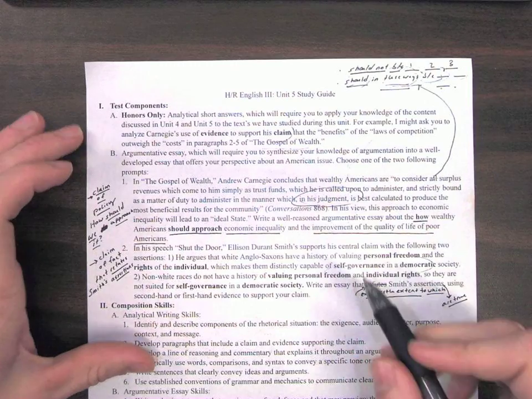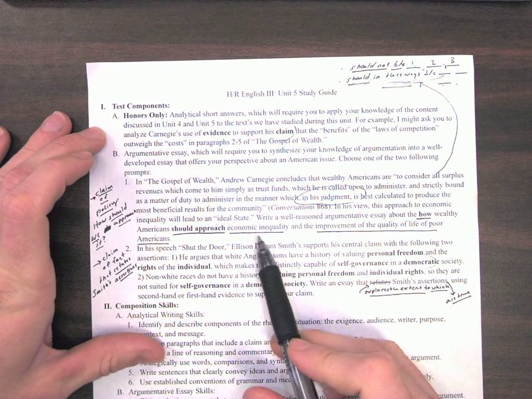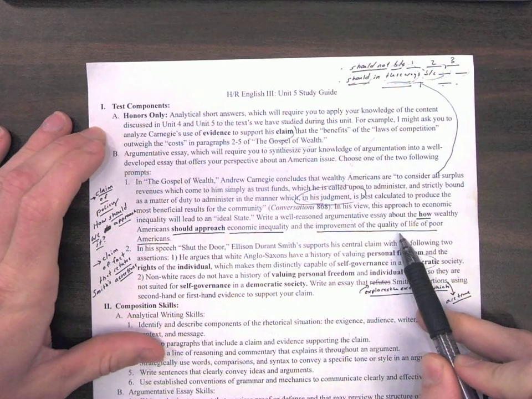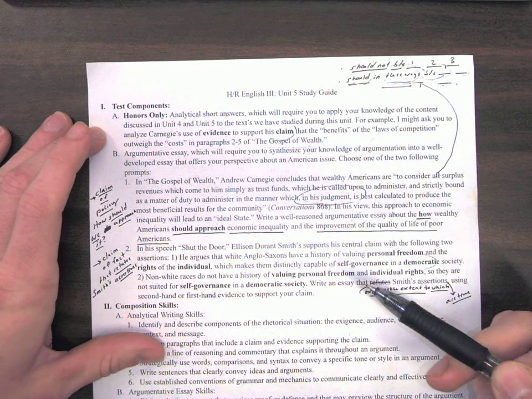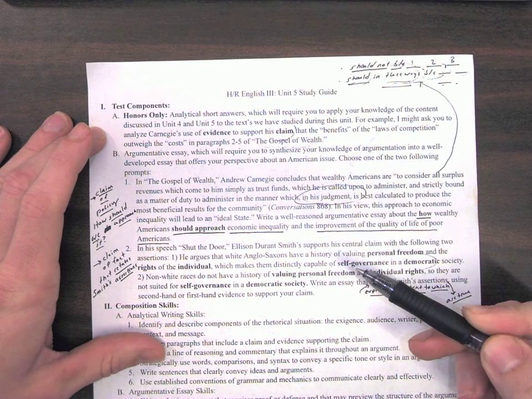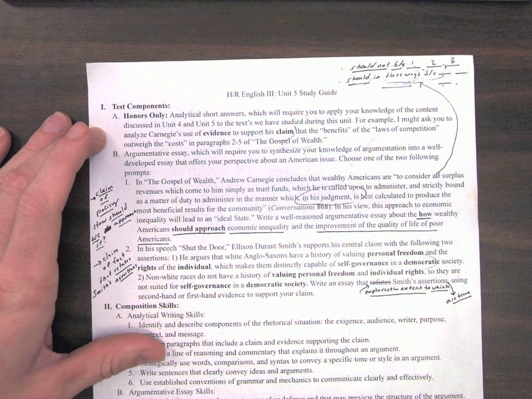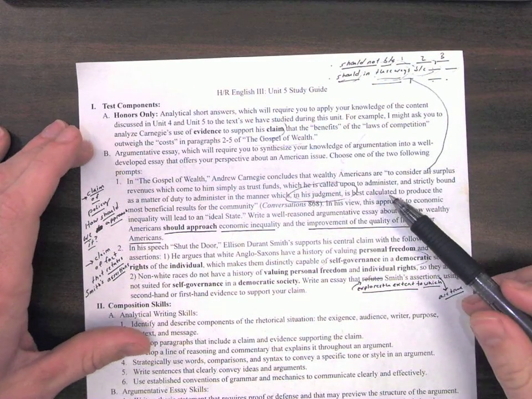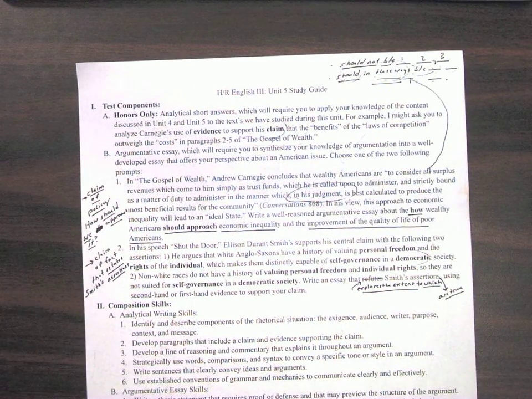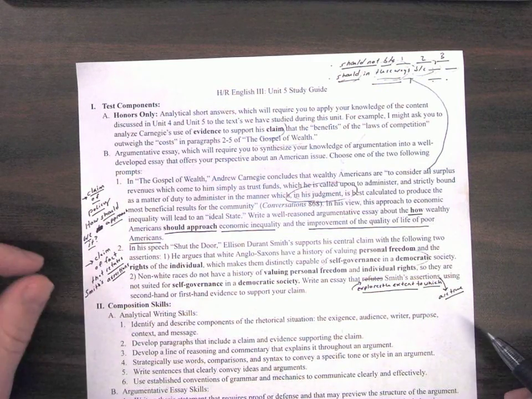So if we actually want to improve the economic well-being of poor Americans, what's the best way to do it? Well, if you ask Jane Addams today, she'd probably say through government agencies, through government institutions, which are not individuals, but rather an entity that is owned by the people and operates for the benefit of the people. Okay.